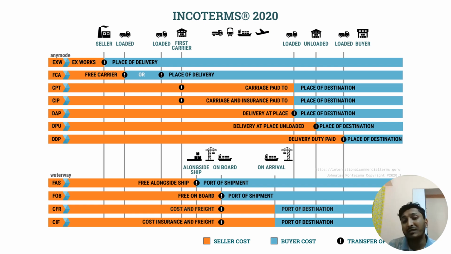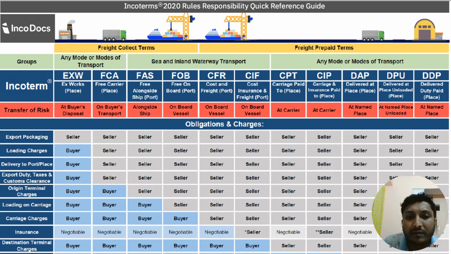So there is a clear guideline in Incoterms 2020. With this, you can quickly identify what the responsibilities are from the buyer and seller perspectives. You can easily catch it if you see this quick responsibility guideline in Incoterms 2020.